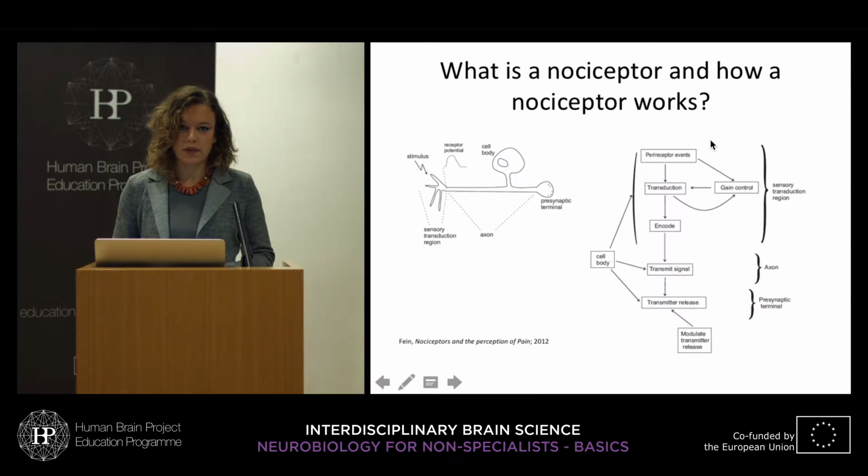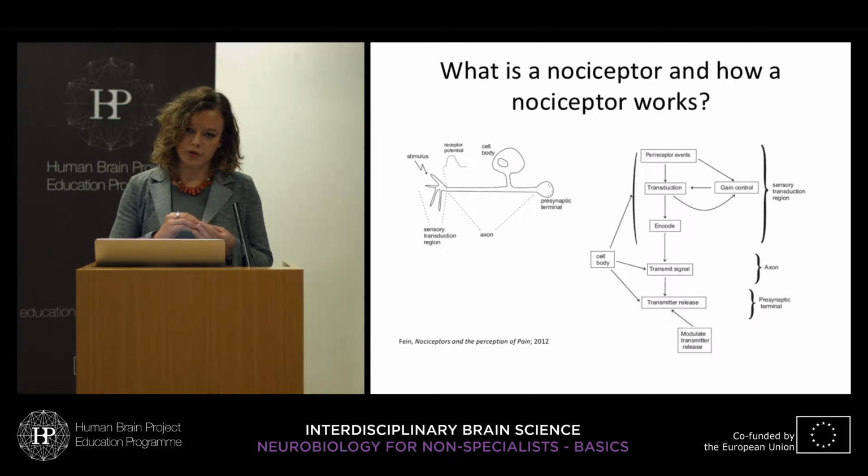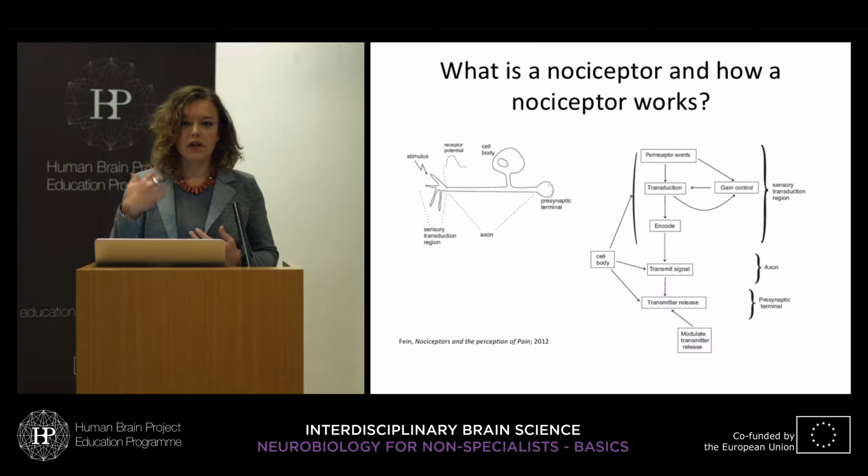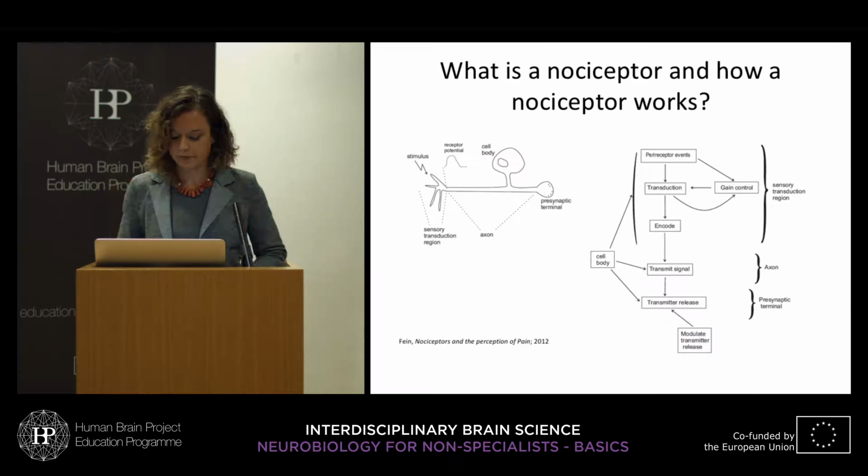So what happens? There is a change in the membrane potential of your nociceptor that is called receptor potential. This is then encoded in a series of action potentials which travel along the axon of your nociceptor and then reach, through the spinal cord, the higher side, the anatomical side of your body.